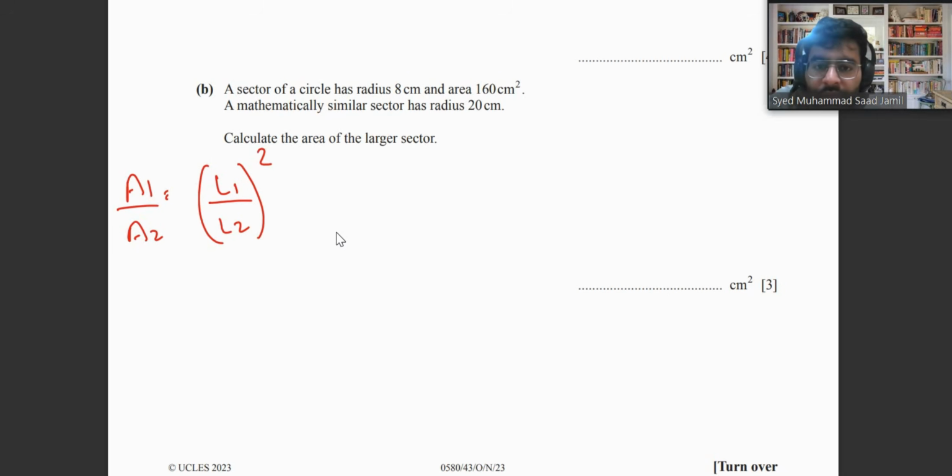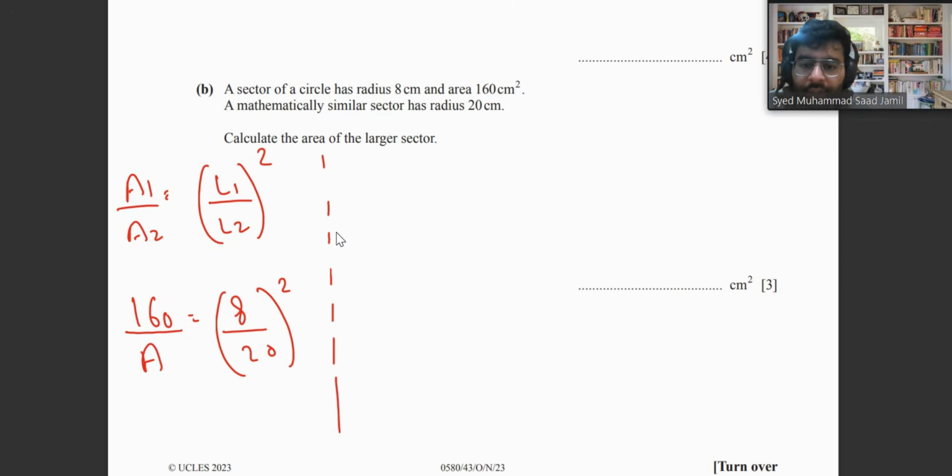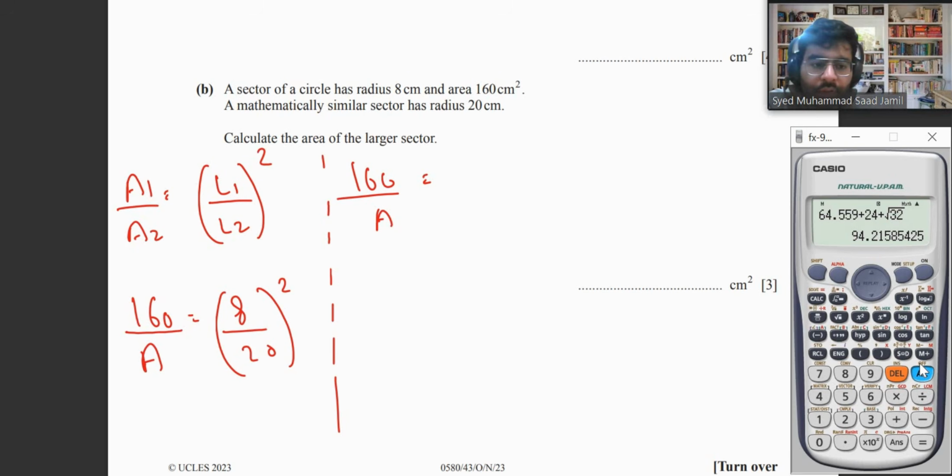So it says the sector of circle, the area is 160, length is 8. The area of the second we do not know, we just write A upon 20 whole square. Alright, so now this becomes 160 upon A is equals to 8 upon 20 whole square, 4 upon 25.